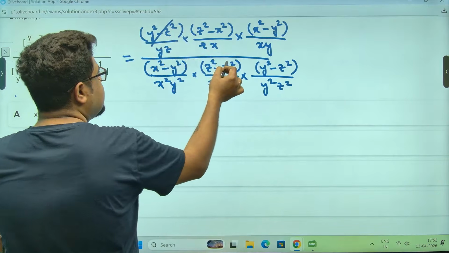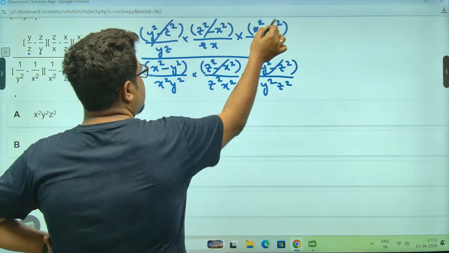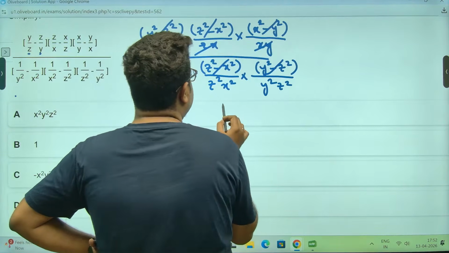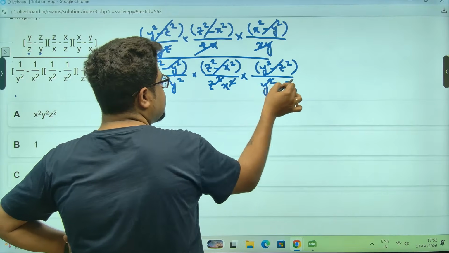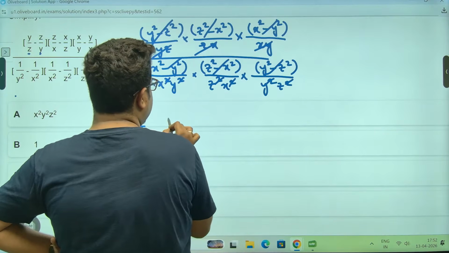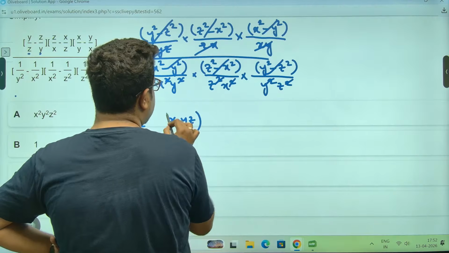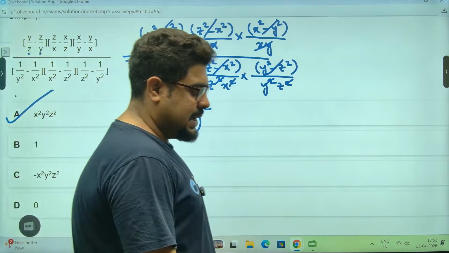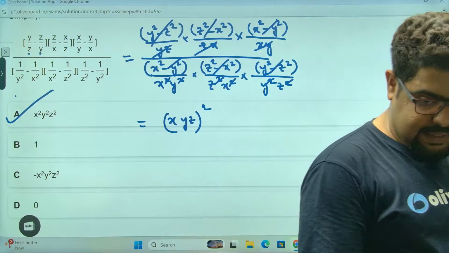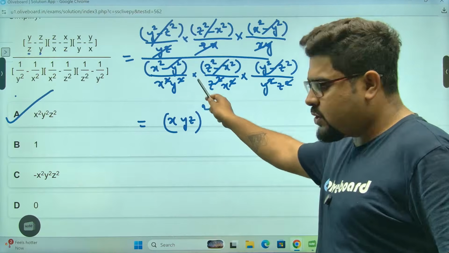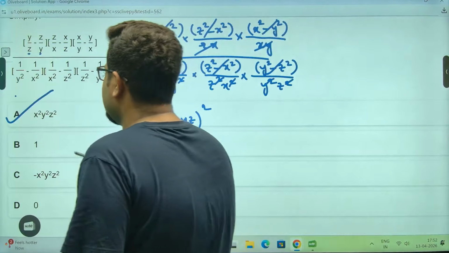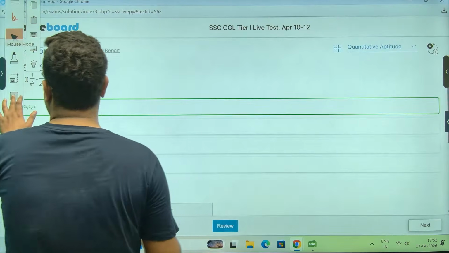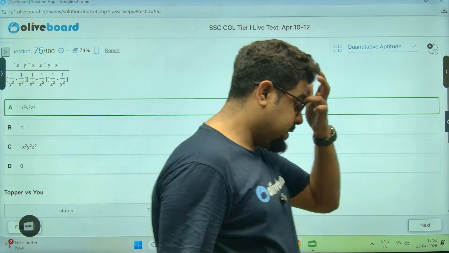So this cancels, and you see yz, zx, xy, and it will get cancelled with every square. So my answer will be xyz whole square, sir. Meaning option A, x square y square z square, because you see, I'm having 2 of each left. So that's your correct answer, option number A.